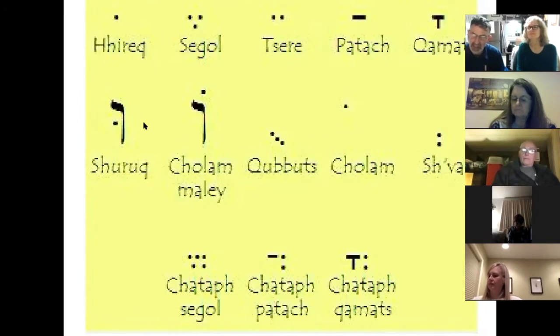Was it devised as a pronunciation guide to teach Jewish people how to read Hebrew again after they kind of lost it? Yes, that is very, very true. This was actually also for the rabbis.